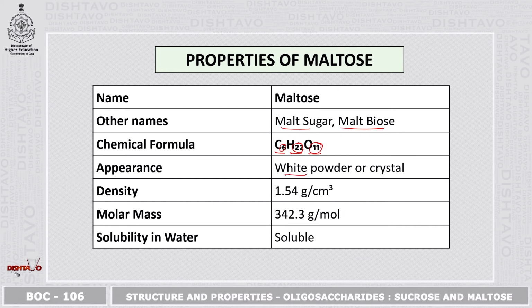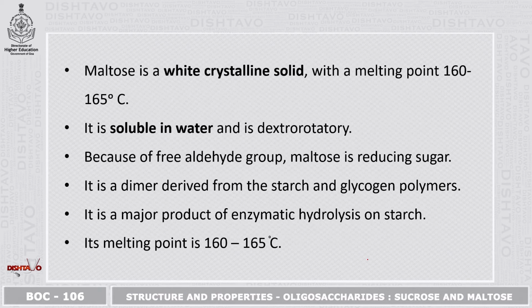Appearance: it is white and powdery, or sometimes it may exist in crystalline form. Density is 1.54 grams per cubic centimeter. Molar mass is 342.3 grams per mole, and it is soluble in water.